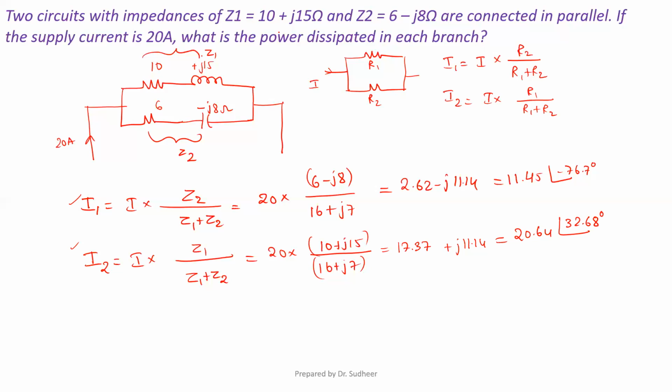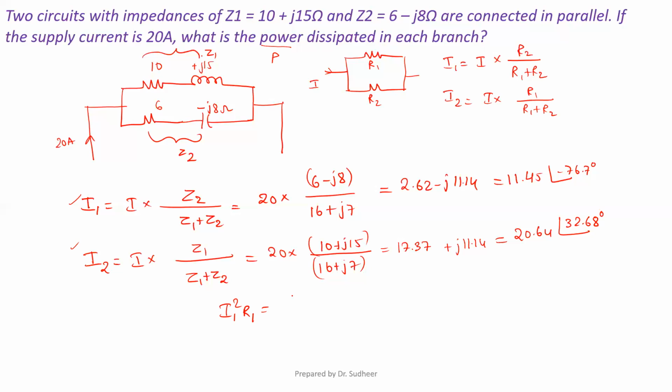When he says power dissipated in each branch, generally it is real power. Real power will be dissipated only in resistance. So the power dissipated in branch 1 is equal to I1 square R1. We have to take the magnitude, that's why I kept it in polar form.